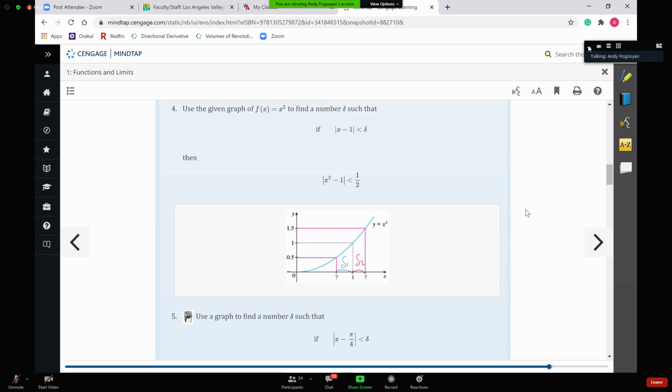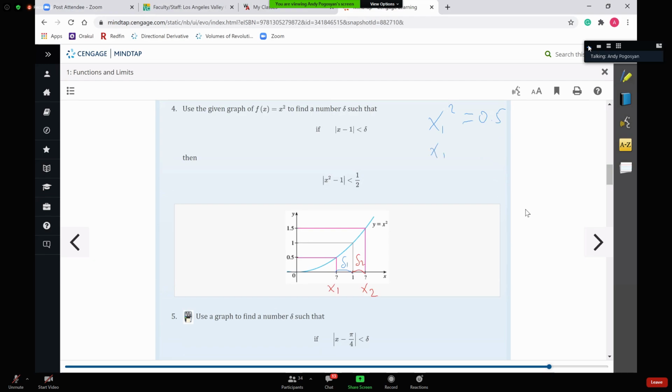So let's say this is x1, this is x2. How do I find those numbers? Now, x1 squared is 0.5.